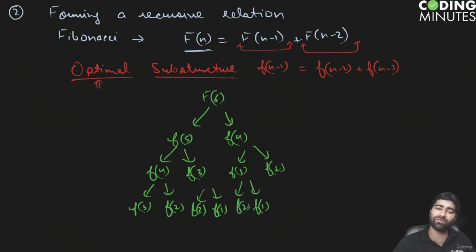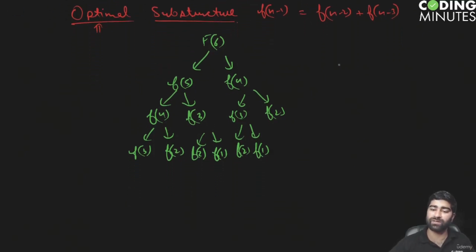We know what f of 1 and f of 2 are, right? These will be called base cases. Base cases mean these are not a problem, I know their solutions. So if I know what f of 1 and f of 2 represent, I do not have to divide them into further recursive relations because I simply have those answers, right? So f of 3 is f of 2 and f of 1.